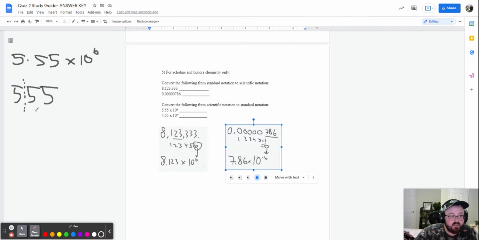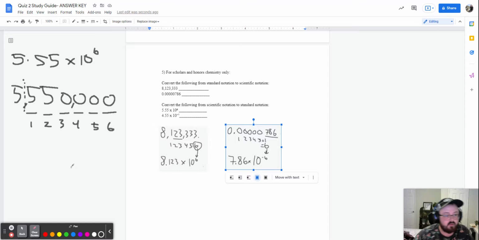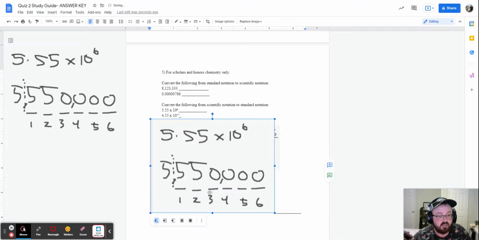There should be 6 numbers. 1, 2, 3, 4, 5, 6. I'm going to number them. We don't have anything, so we just put zeros there. And then you can put your commas in if you so choose. So there you go. Then you're done. Nice and simple.